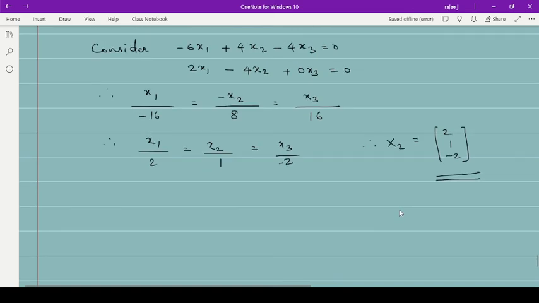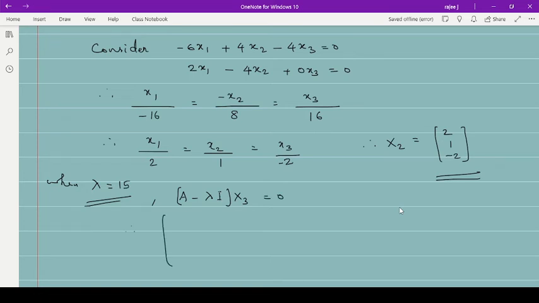So now when lambda equal to 15, from equation number 1, 8 minus lambda, you will be subtracting 15 from each. Therefore A minus lambda I into x3 equal to 0, where x3 is again x1, x2, x3.